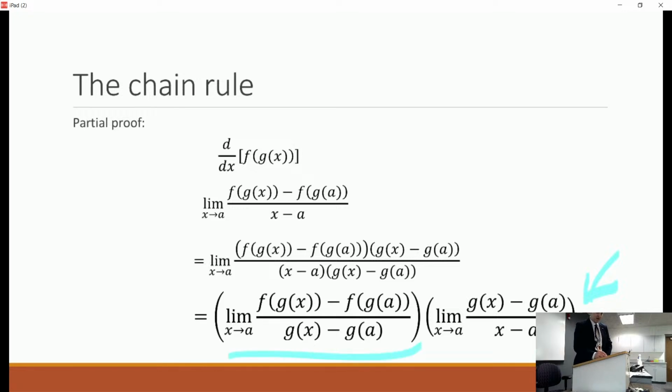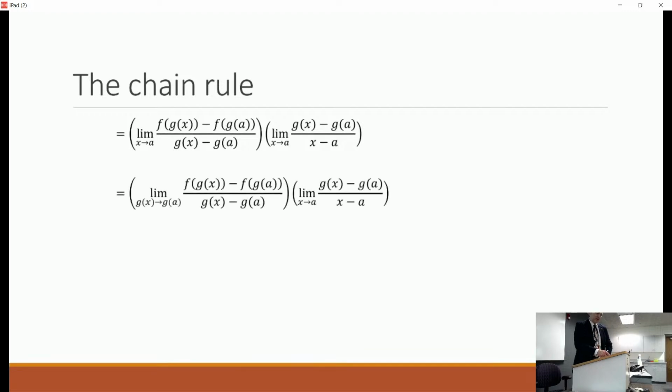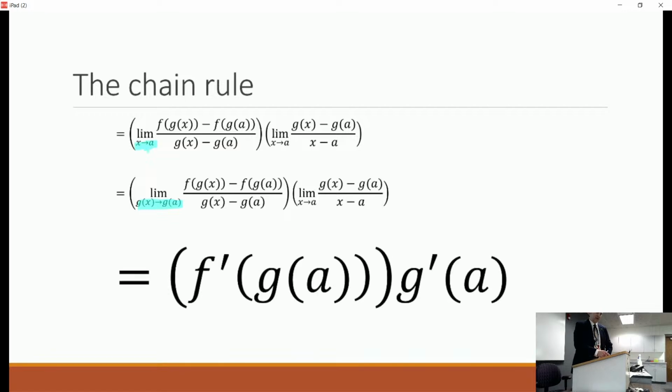This over here looks a little bit weird, but after a little bit of algebraic hand waving, and notice that I'm changing my limit over here, you end up with an expression that actually is the derivative of f evaluated at g. So you get something like this.